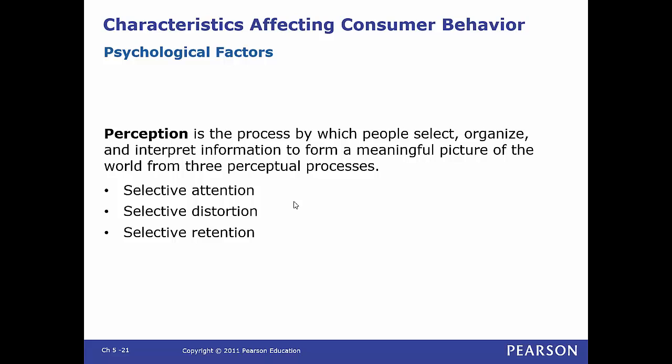Finally, selective retention is a level that enables the consumer to remember those messages in order to make decisions. As we said before, an individual cannot process all of the messages that he or she is exposed to. Rather, he or she selects some of these messages and remembers them during the process of buying.